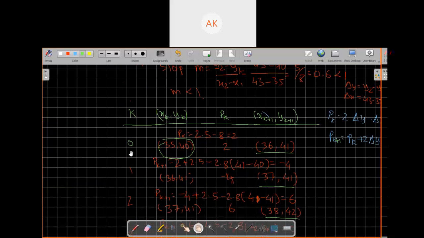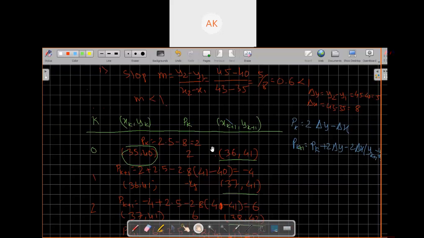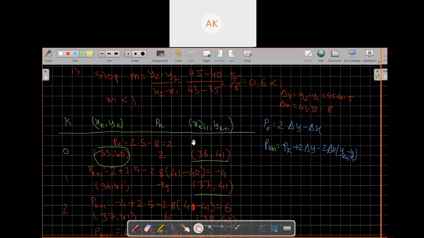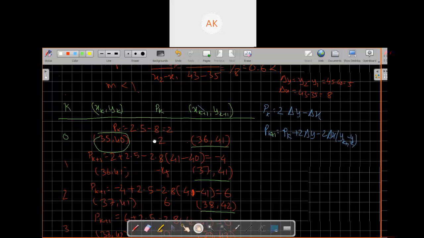Start the first iteration, calculate the initial decision parameter. The initial decision parameter formula is 2 delta y minus delta x. Delta y is y2 minus y1, 45 minus 40, which is 5, and delta x is x2 minus x1, 43 minus 35, which is 8. So 2 into 5 is 10, minus 8, 2. So your initial decision parameter is 2, which is greater than or equal to 0.